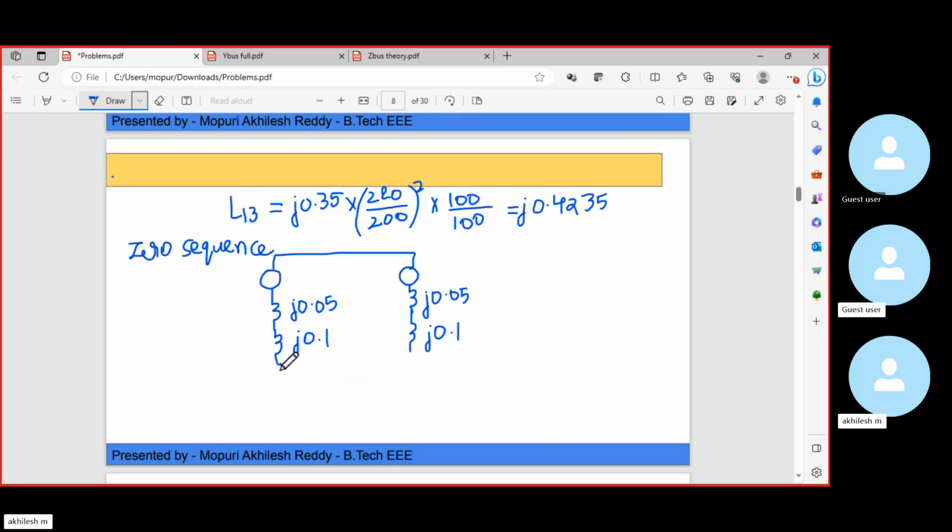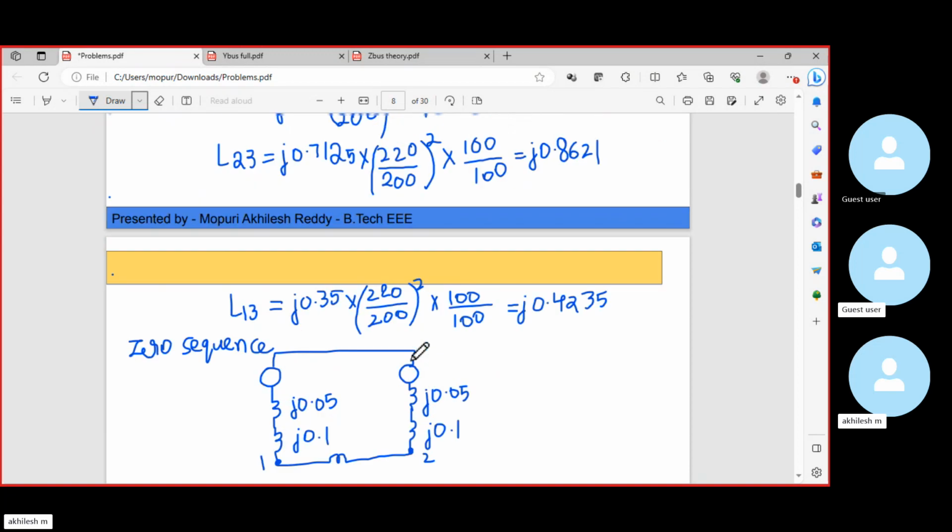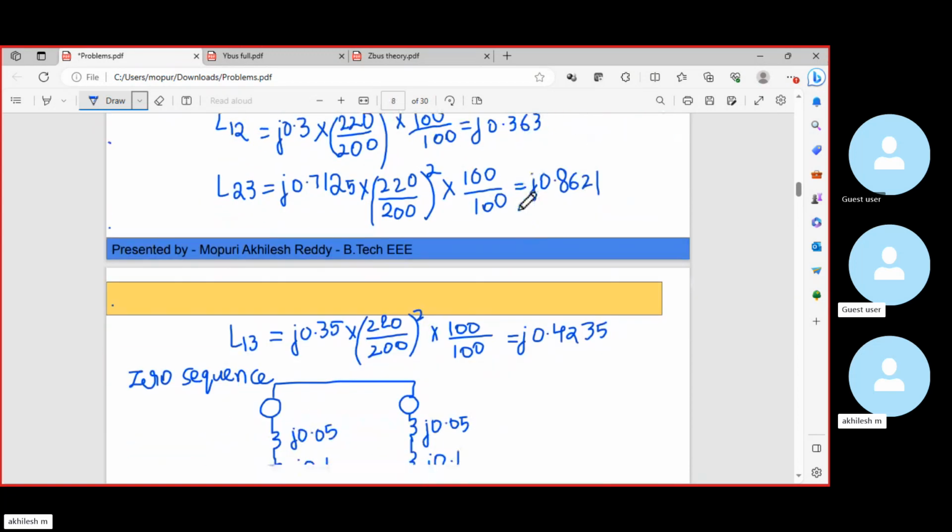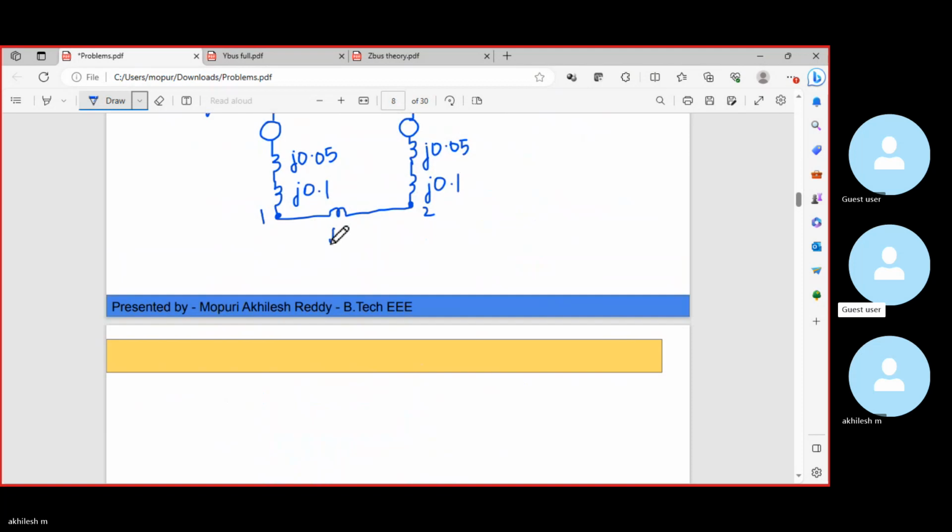Then here we have the first bus bar. This is bus bar 1, and here we have bus bar 2. Between bus bar 1 and bus bar 2, we have a line L12, whose per unit value is J 0.363. And here we have the third bus bar where the fault has occurred.